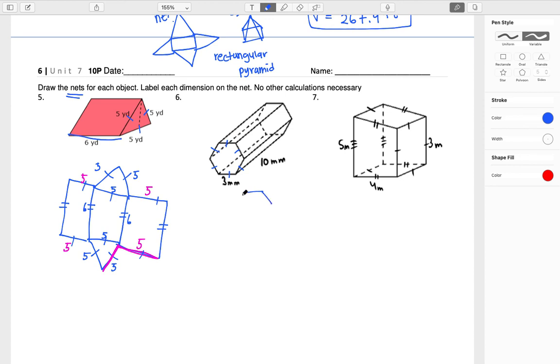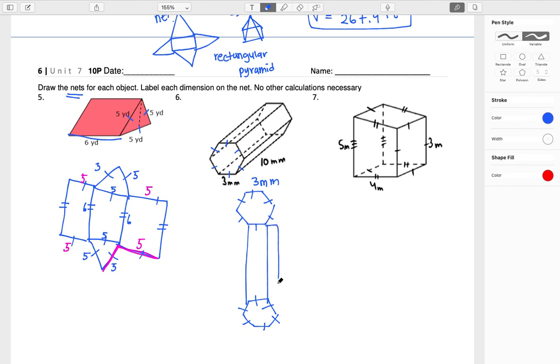So 1, 2, 3, 4, 5, 6. And 1, 2, 3, 4, 5, 6. They're all the same, meaning they're all going to be 3 millimeter. And then how many sides is it going to have? There's going to be 6 of them, right? Because it's surrounding 6 sides.